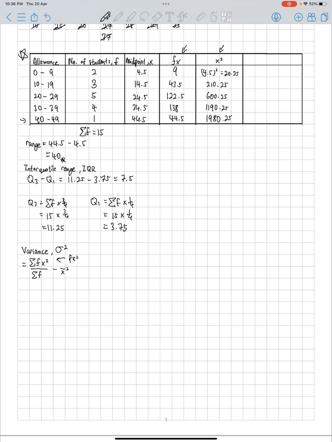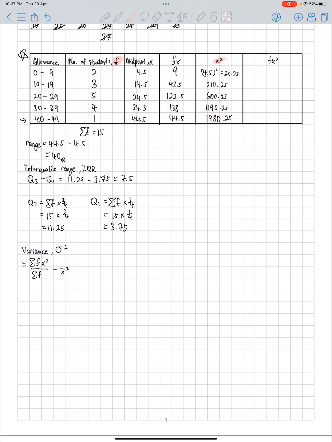So we'll write it out so we won't get confused. Okay, so in the last column we'll write the fx square. So fx square is just f times x square.